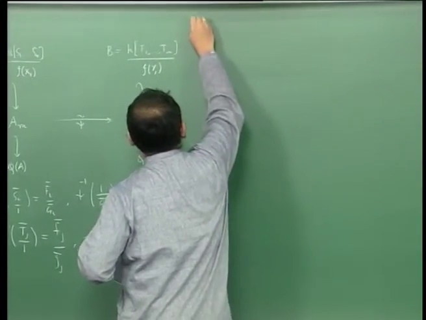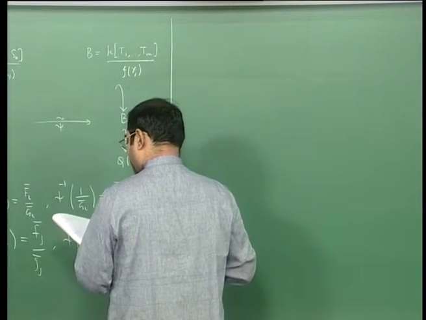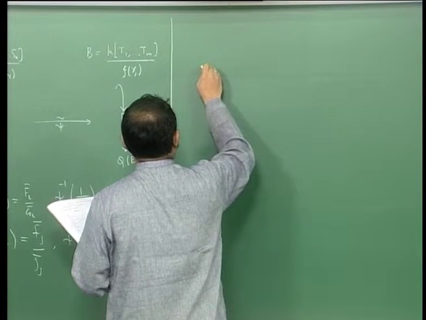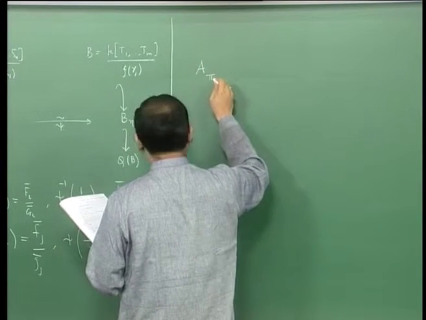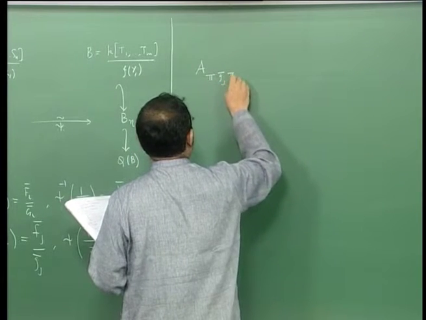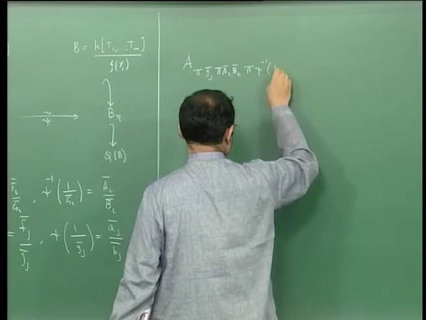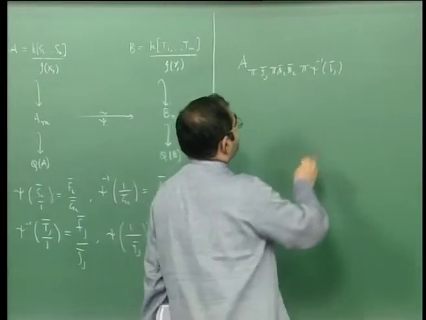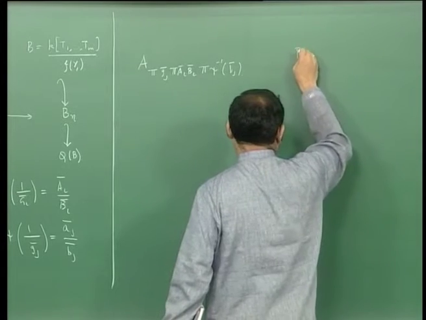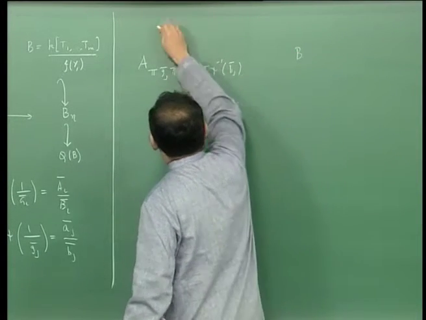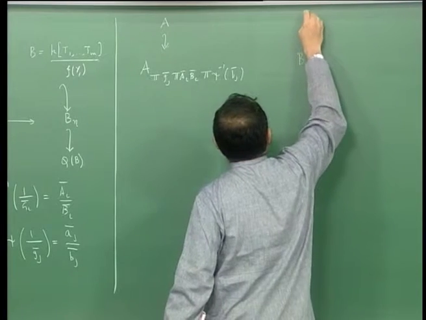Now what I want you to check is this. If you take this localization, A localized at the product of Gj bar, the product of Ai bar Bi bar, the product of psi inverse of Bj bar, then A is going to sit inside this localization, and B is going to sit inside this localization.